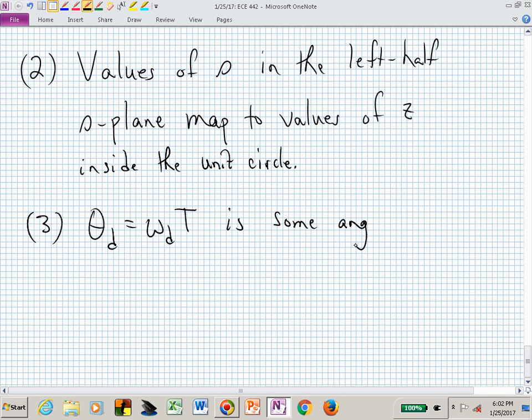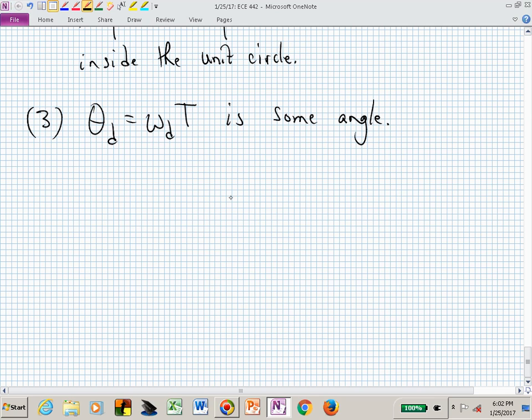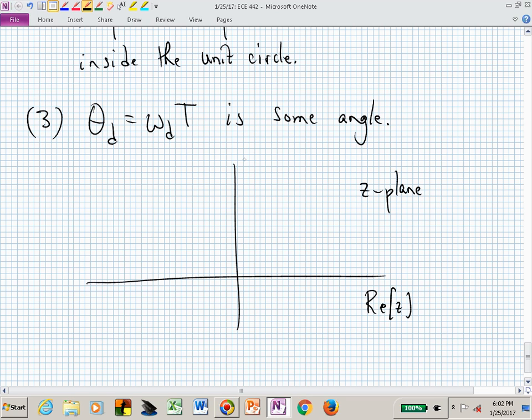And that angle will depend on what the damped frequency is equal to, omega sub d, and what our sampling period is, capital T. In the complex Z plane, here's real Z, and here's imaginary Z. If somebody gives us theta sub d, or if they give us omega sub d and capital T, we can sketch now an angle, theta sub d, which is equal to omega sub d T. And what's this distance here? That's the r.